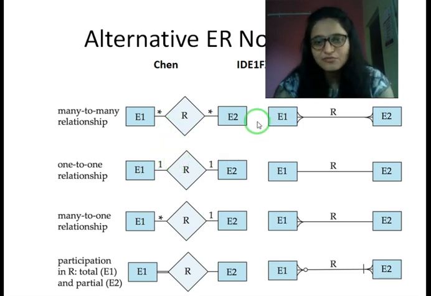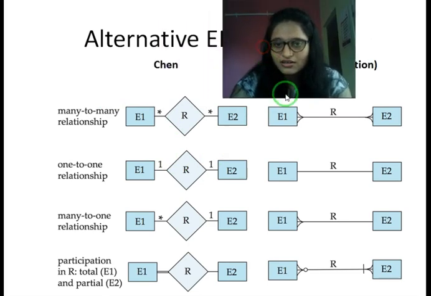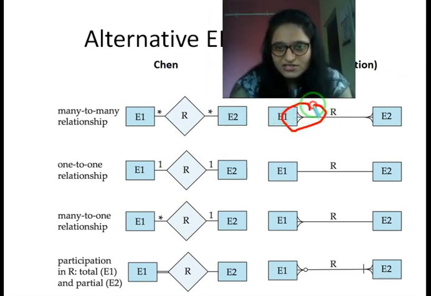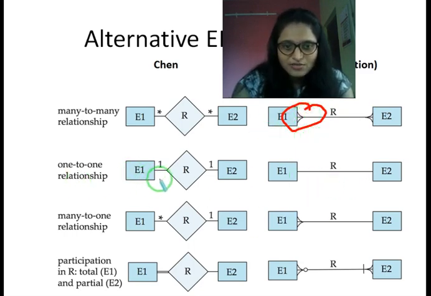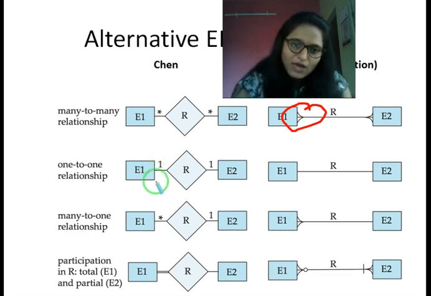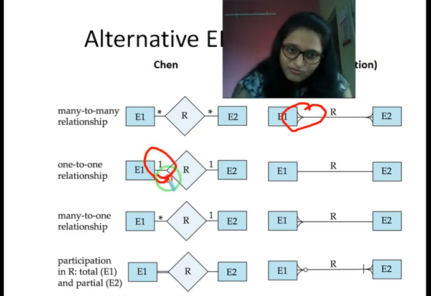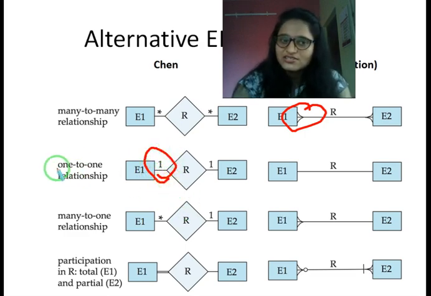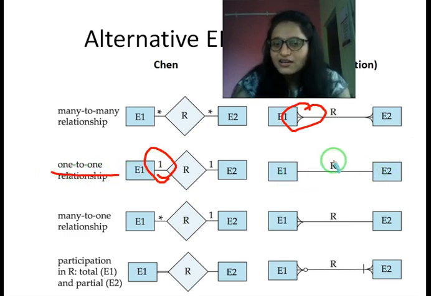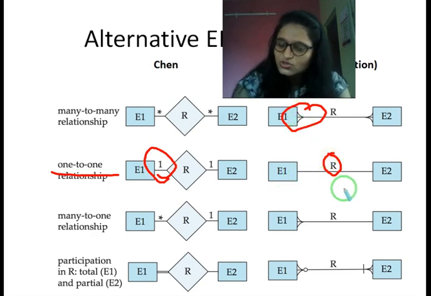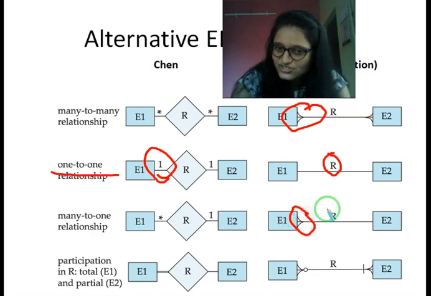Again, in some books they give this symbol, which is also used to denote many. Suppose there is no arrow, but they indicate the number 1 on the arrow side. This is also a one to one relationship. And sometimes they just denote R with no symbol. This is also termed a one to one relationship.